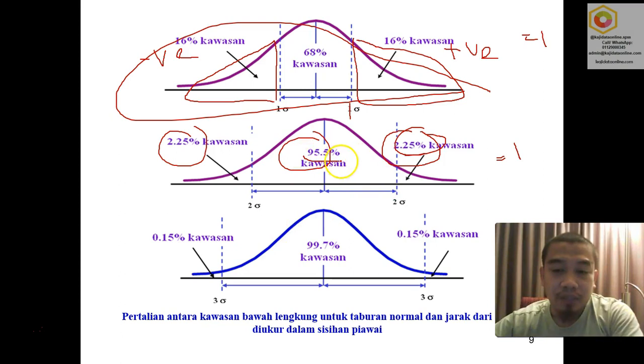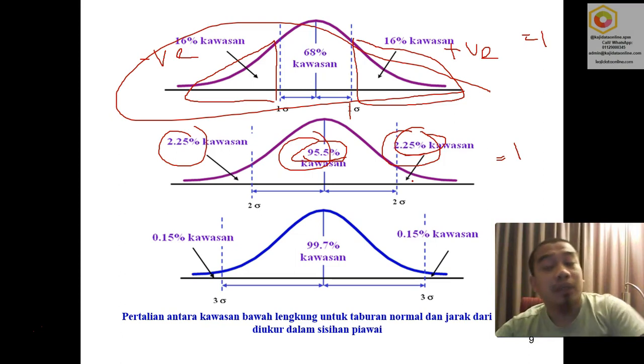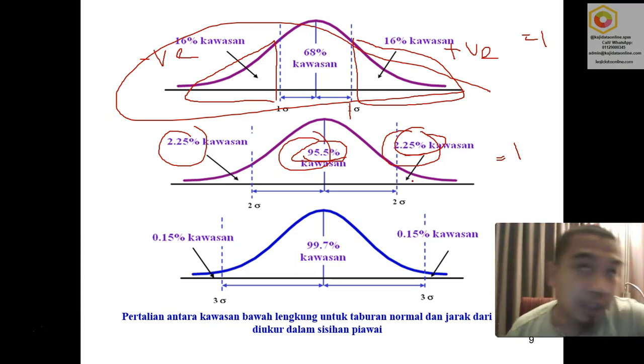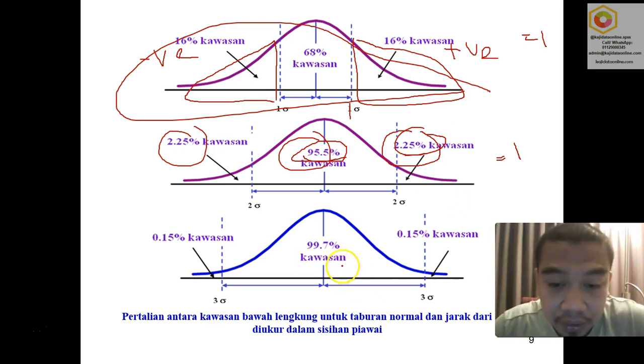So you have 95.5%, and then the excess is approximately 2.25%, which if we divide by 100%, we get 0.025.